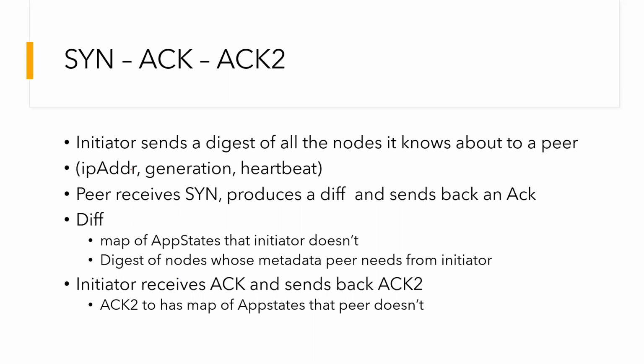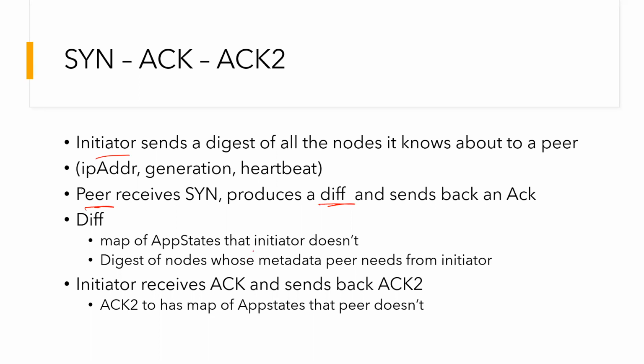There are certain things like an initiator will initiate a request, and then the peer will receive the request and take a diff of it. The diff identifies 2 things. One is what the initiator has that this particular node does not have.